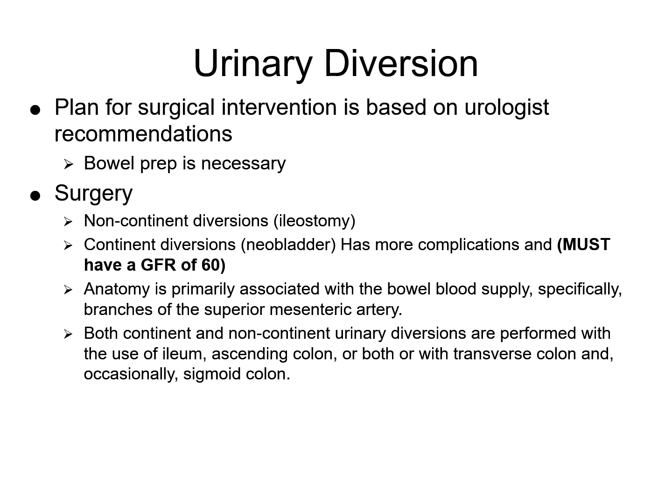Okay, yeah, they can do the neobladder or they can do a non-continent diversion. And the non-continent diversion, which is called an ileal conduit, is where they take a segment of the bowel, it's removed and transformed into a urinary channel or a conduit, and it will connect to one end of the ureters, and on the other side it would connect to a stoma that they would open in the wall of the abdomen.